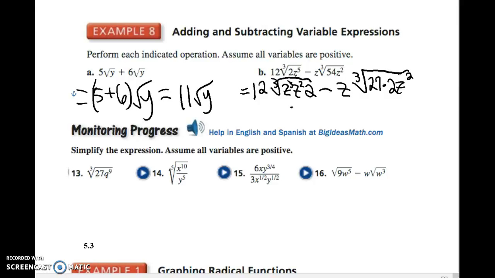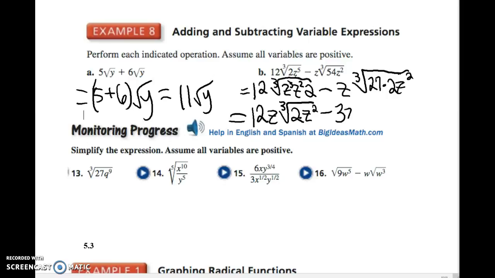So notice here, the 27 and the z to the 3rd, we're going to simplify. So we're going to get 12 times the cube root of z to the 3rd, which is just z, and then we'll have the cube root of 2z squared, minus the cube root of 27, which is 3.